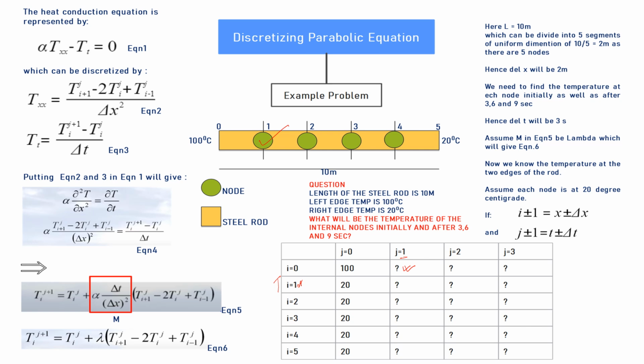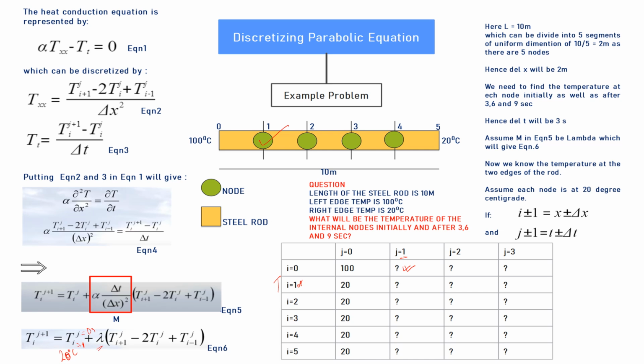What is Tij? This j is as usual 0 seconds, but this i is here 1. So what is the value of t at i is equal to 1? We have assumed it to be 20 degrees.